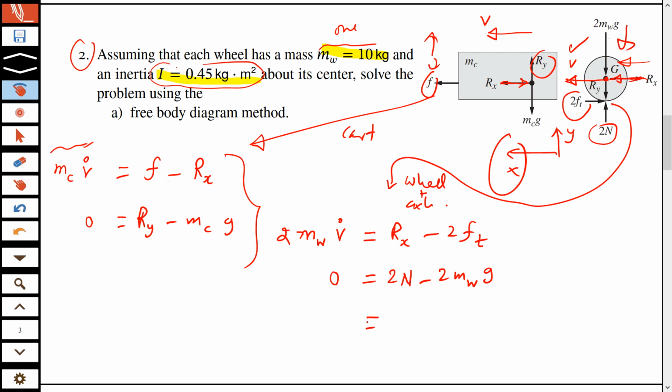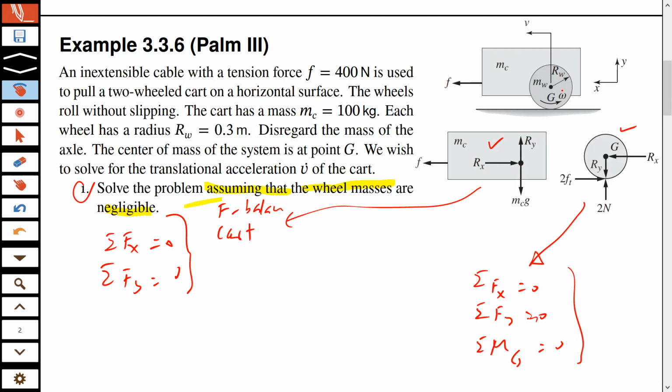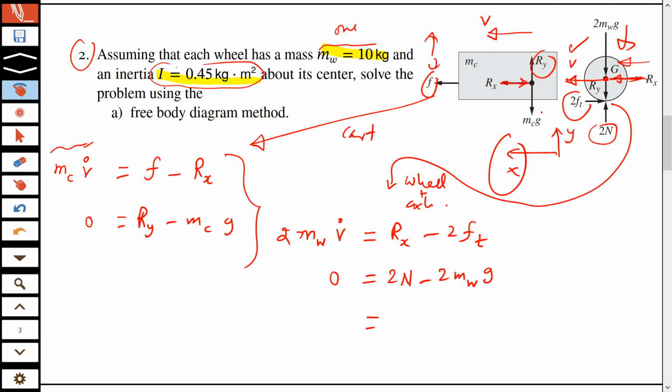And we need one last equation for the moment. The angular speed labeled here is omega, and remember it is counterclockwise. So that will be our positive direction, counterclockwise. Now omega dot is the angular acceleration, and this will multiply the moment of inertia, twice because there are two wheels. On the right hand side, we need to write down the net moment resulting, not the net moment causing that.